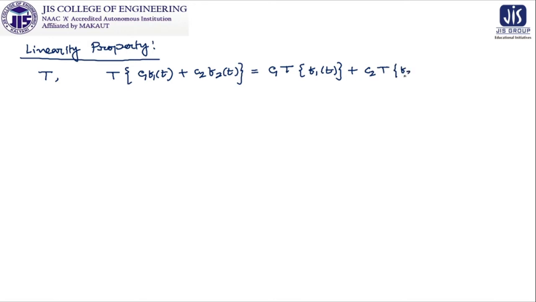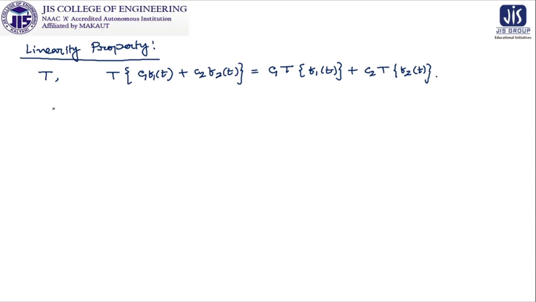In the linearity property, if we take T as a transformation, and if I can show that T of c1 f1(t) plus c2 f2(t) is equal to c1 T of f1(t) plus c2 T of f2(t), then we can claim that T is a linear transformation.